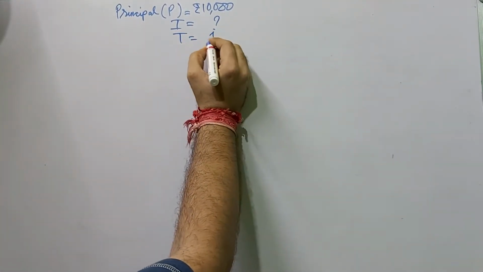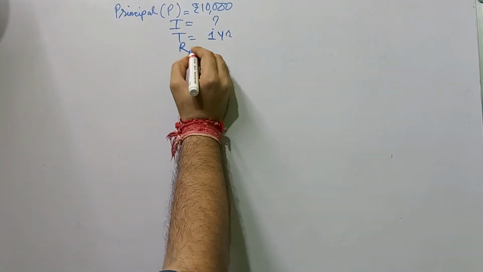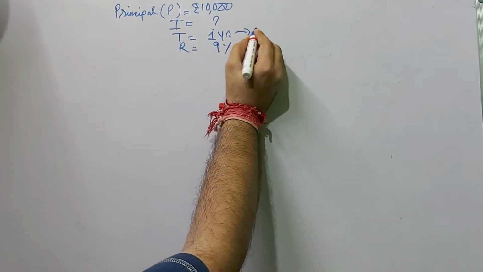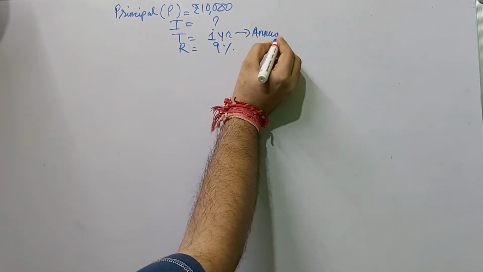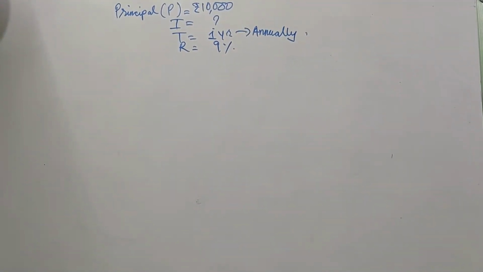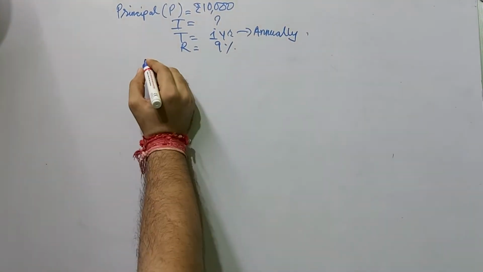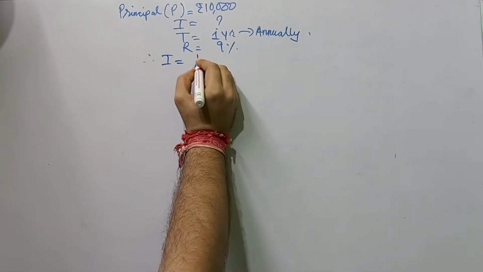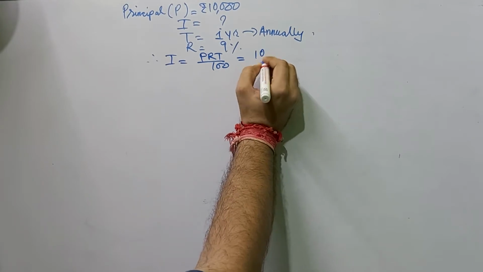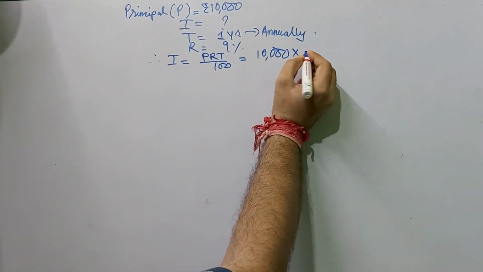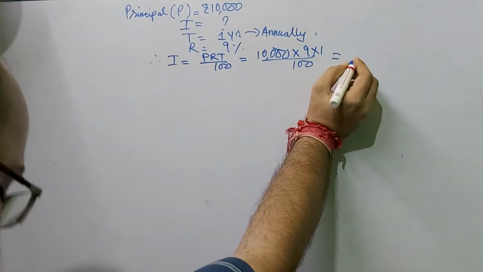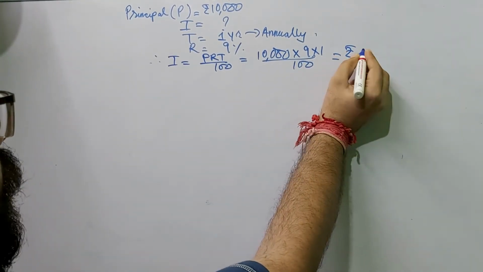Time is 1 year, rate is given 9%, because it is compounded annually. Actually it is 3 years, but annually means 1 year at a time. So I will use the same formula, PRT by 100: 10,000 into 9 into 1 by 100, we will get rupees 900.